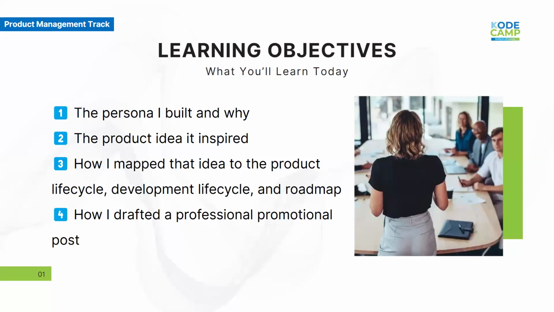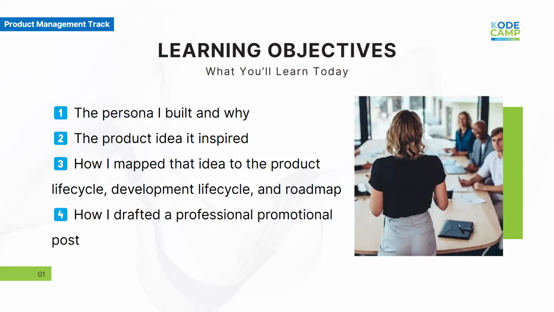Okay. So let me just take that again. Next, we'll look at the product idea that came from the persona, and I'll explain what the product idea is and how I made sure the idea is focused and somewhat practical. Right, and after that, I will map the idea to the product life cycle.